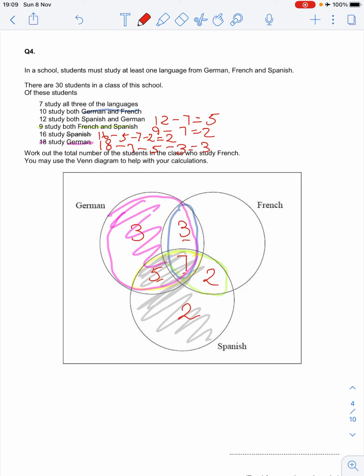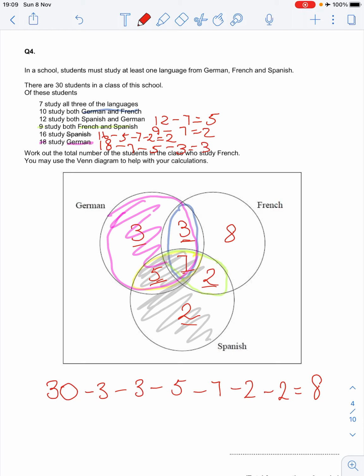And work out the number of students in the class who study French. So now we need to work out how many students we have left. Remember, the students add up to 30. So we take away 3, take away 3, take away 5, take away 7, take away 2, take away 2. We have 8. So 8 students only study French.